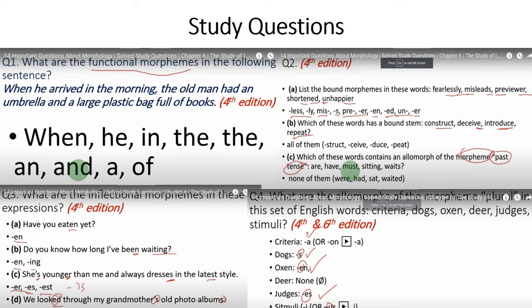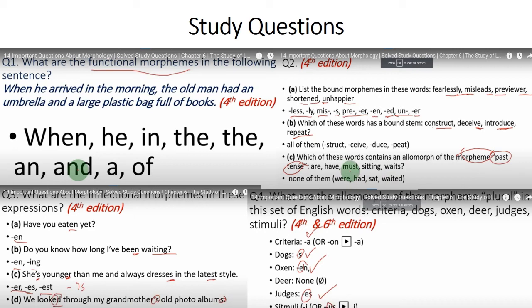So the first word is fearlessly. There are two bound morphemes in fearlessly, that are less and ly. And the second word, mislead. In mislead there are two morphemes, mis and s at the end.